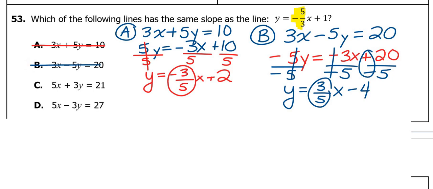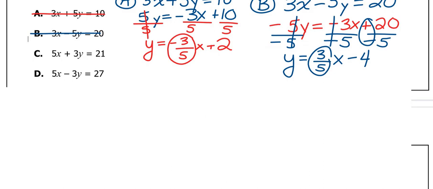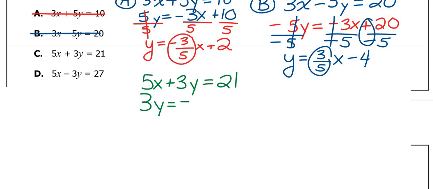Let's try out choice C. 5x plus 3y equals 21. Subtract 5x. So now we have 3y equals negative 5x plus 21. Divide out the 3.